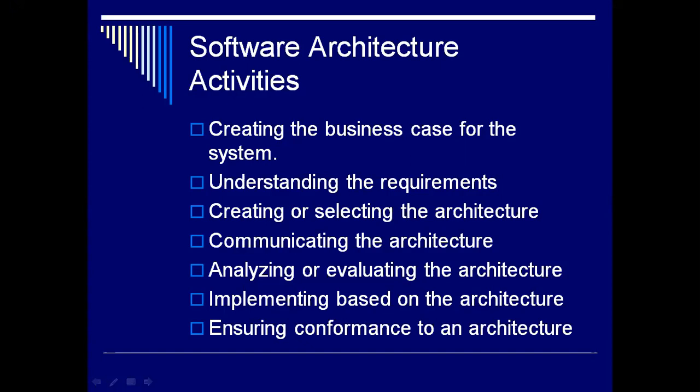Architecture is nothing but the system architecture for a particular problem statement. So the next activity is analyzing and evaluating the architecture. After analyzing, implement that architecture, and the last one is ensuring the performance of the architecture.